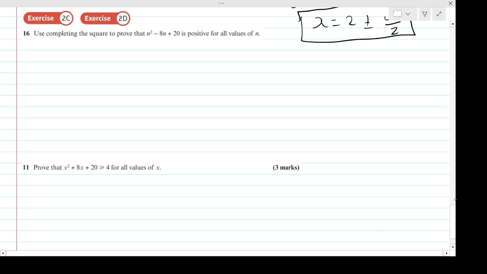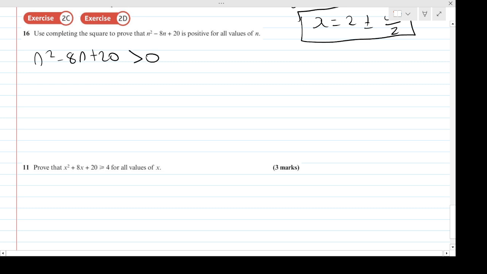Okay, but actually, we can also complete the square to prove certain properties of what we have. So we can prove that the whole expression n squared minus 8n plus 20 is positive.